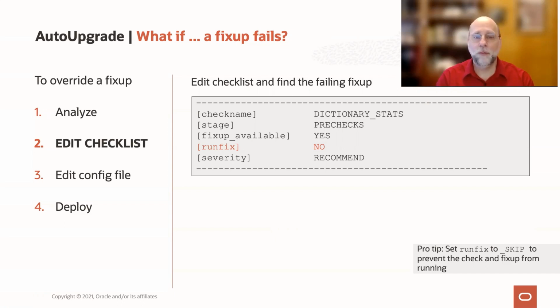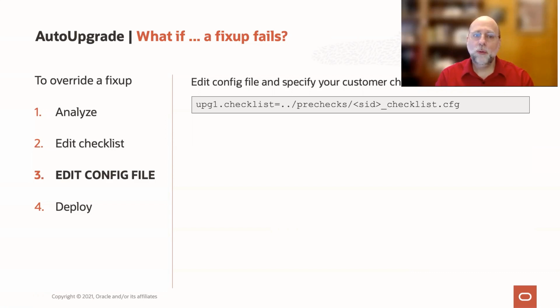Therefore, if maybe the check is running into issues, you can prevent that particular pre-upgrade check from running. So that could be useful. You edit the checklist, and then you can specify that checklist in your config file to be used instead of the default one that would get generated. So that allows you to override either checks or fix-ups that you don't want to run.